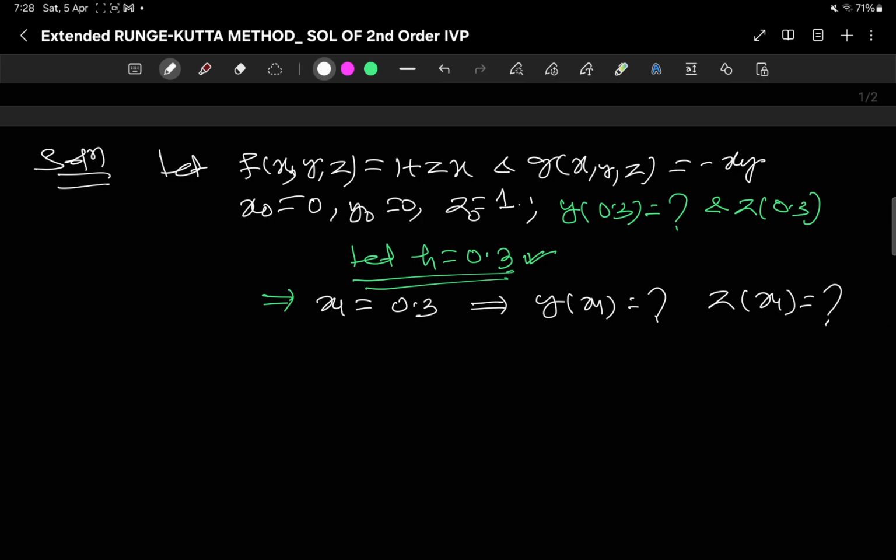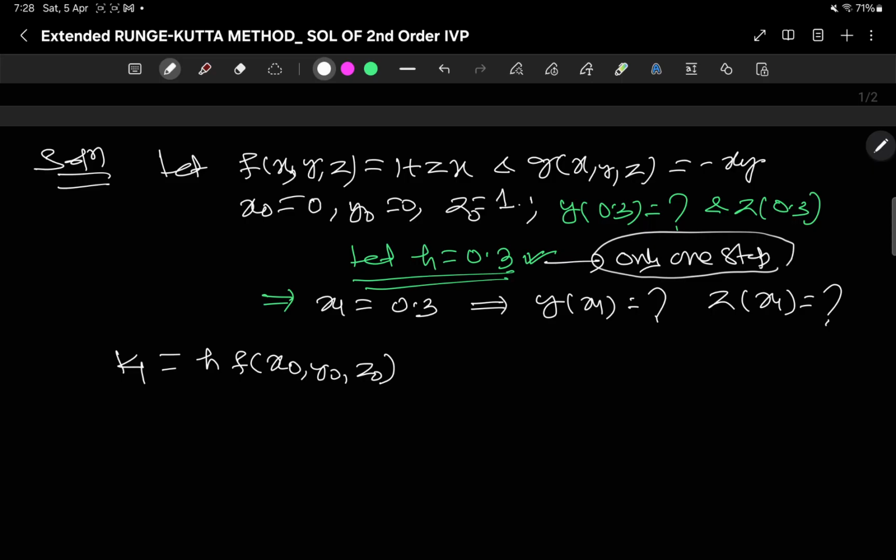What is my k1? I am not repeating the formula again. K1 is equal to h f of x0, y0, z0, because I need to perform only one step. If I choose h is equal to 0.1, then 3 steps are needed.